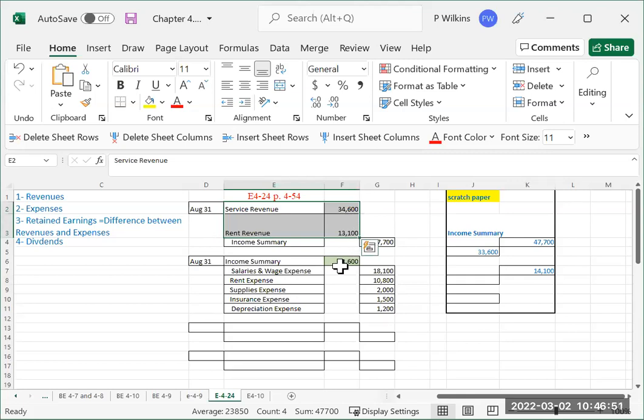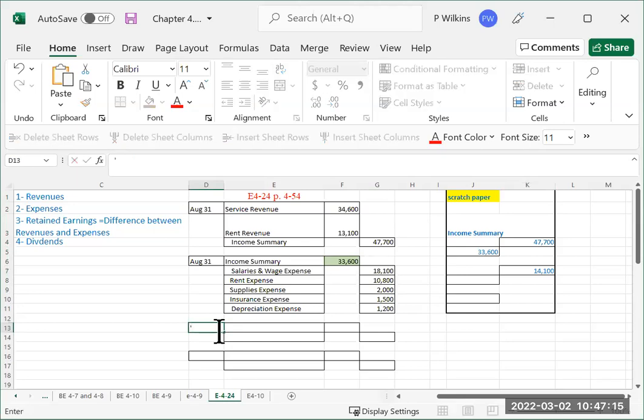That's $47,700. And expenses was a total of $33,600. So I would subtract that, and again, I would get the $14,100. I think that doing the T account on the scratch paper is better, because when you see that credit of $14,100 come up, that tells you that you have to debit it to get it out of there.